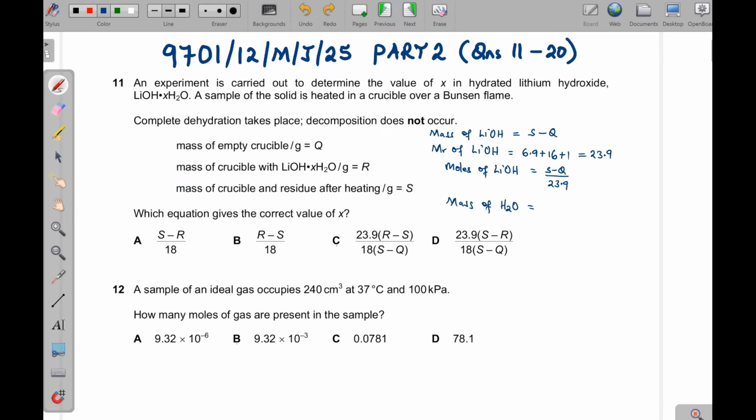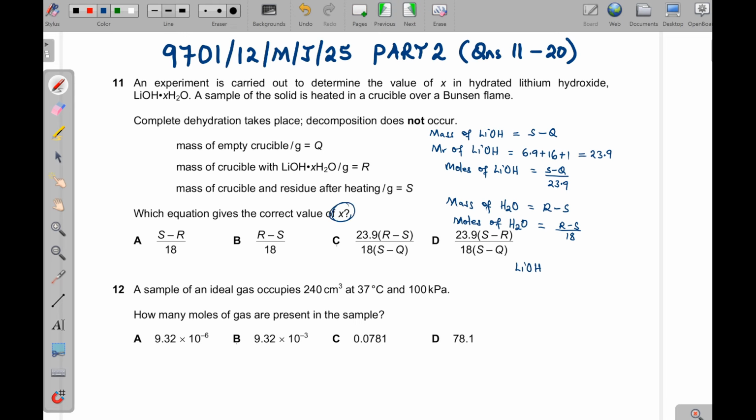So we shall have R minus S. And then after that, we shall also find moles of water. The MR of water is going to be 16, then plus the 2 here, that is 18. So we shall have R minus S, that is the mass, out of the MR of water, which is 18.